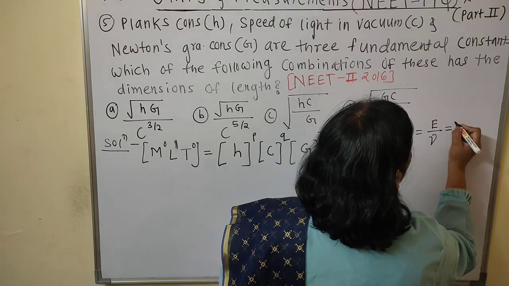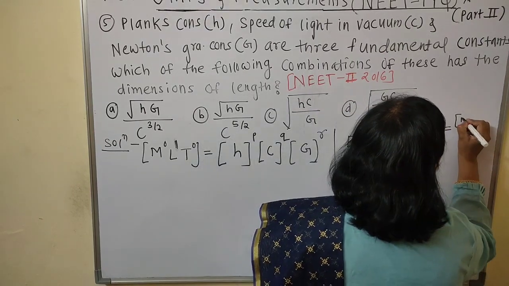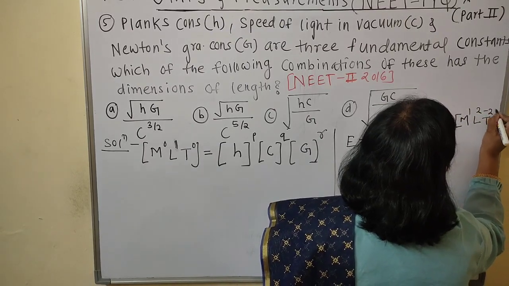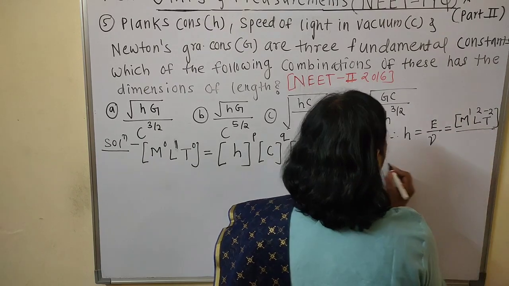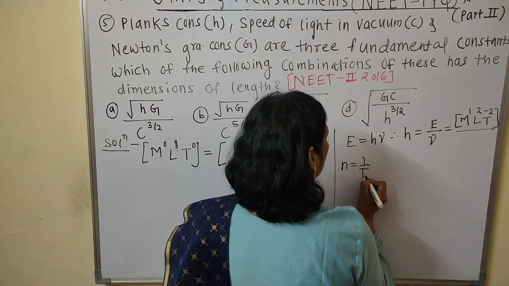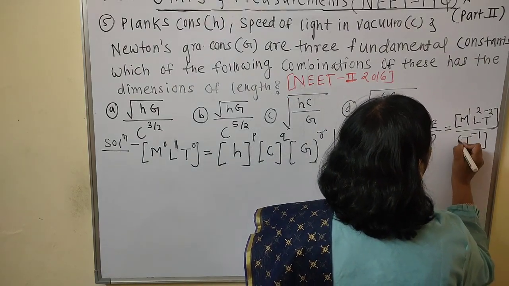Then dimension of E, that is nothing but energy, and that is M^1 L^2 T^-2, divided by frequency. We know that frequency is nothing but reciprocal of periodic time, and therefore dimension of frequency is T^-1.